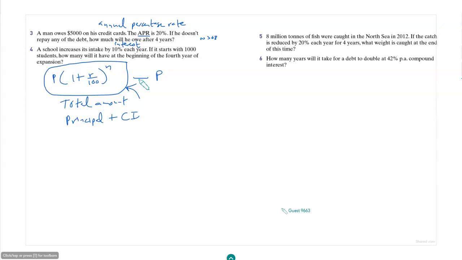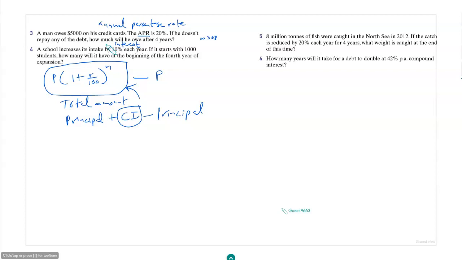So if they ask you what is the interest that he owes after 4 years, you have to subtract the principal from this. Then you will get the interest. If they ask you how much will he owe after 4 years, they mean the total amount, not just the interest.